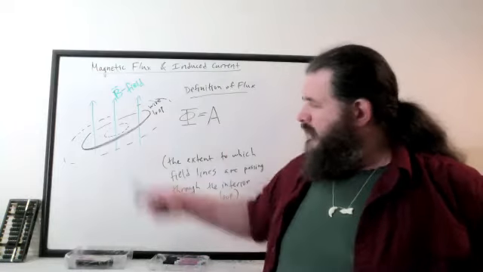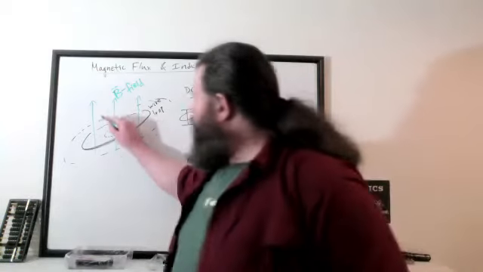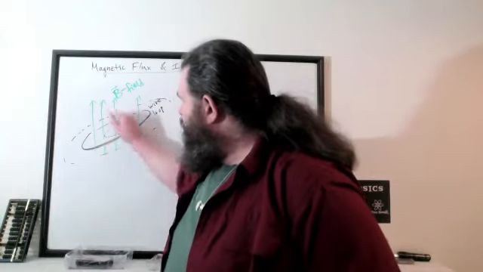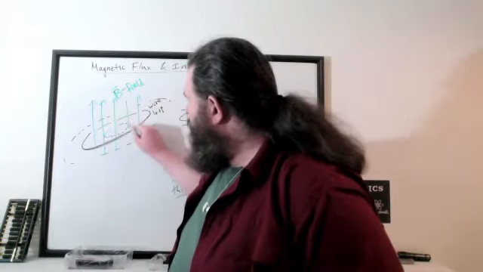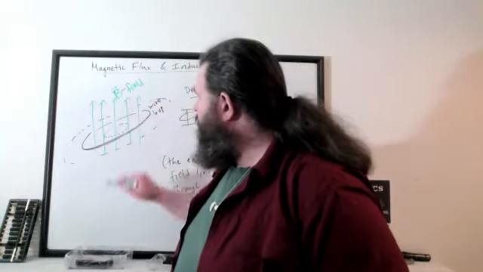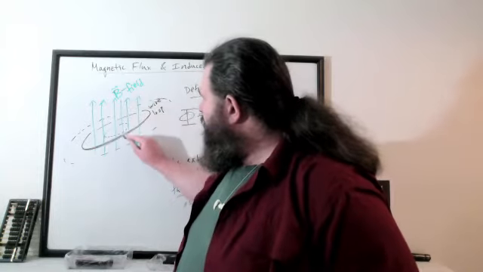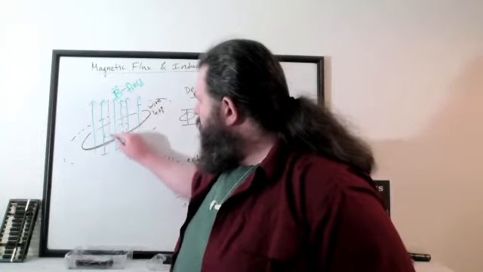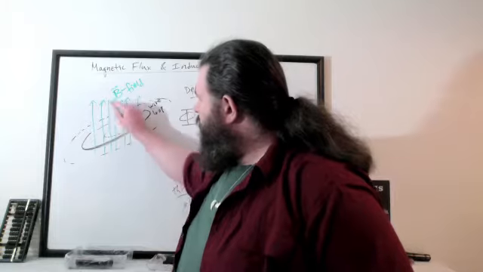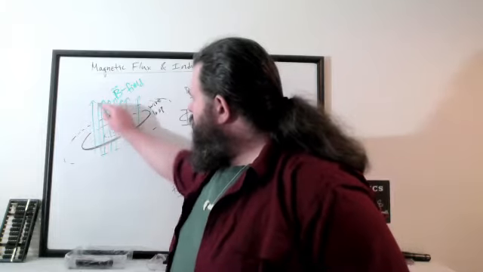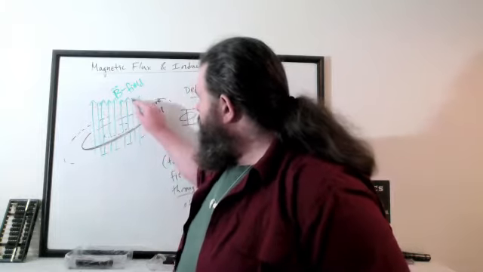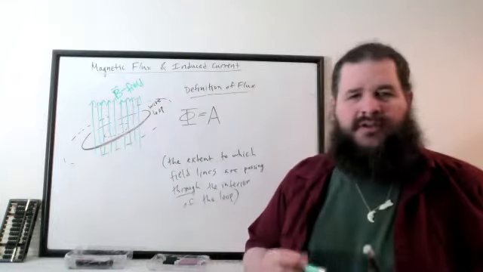And visually, we represent a stronger magnetic field with more densely packed arrows, more arrows per square centimeter, I guess. So if the magnetic field is stronger, you have more densely packed arrows. And so that's going to mean more arrows going through the interior of the loop.